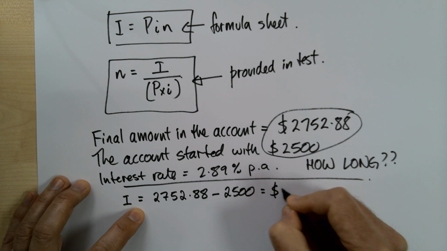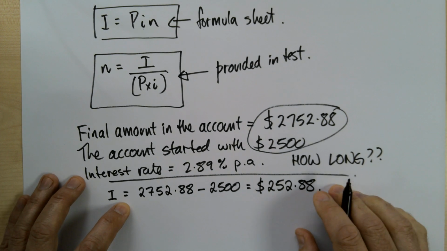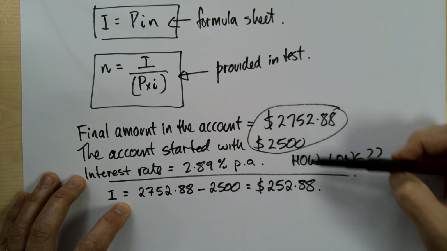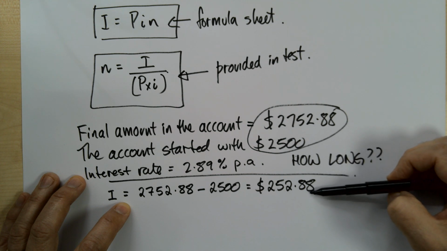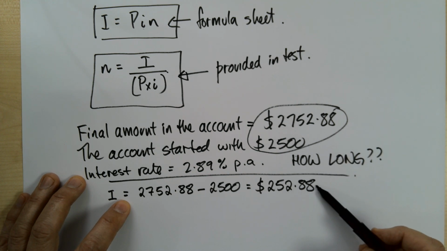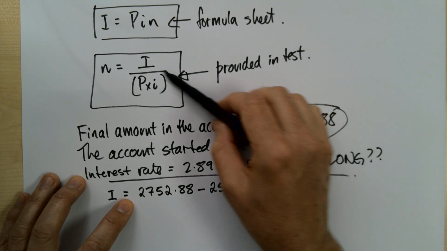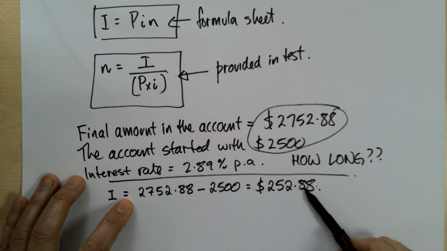That gives me $252.88. So we know that over however long this went, the bank gave $252.88 in interest. Now, in the test, that alone will be worth 1 mark. If you're freaked out by this, at the very least figure that out, because that's worth something.